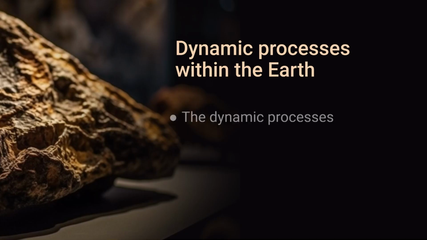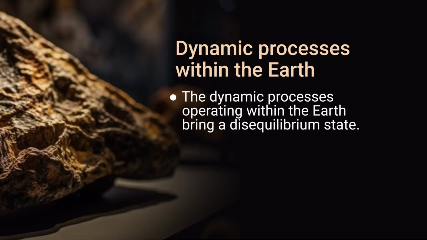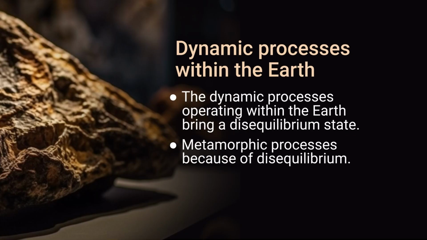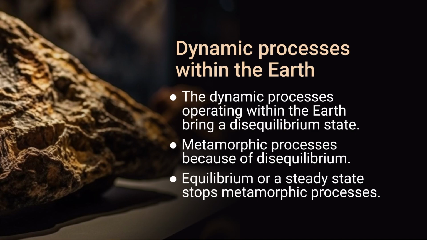Now let us see how the dynamic processes that occur within the earth are responsible for the metamorphic processes. Because dynamic processes are occurring and because of these changed conditions, there is metamorphism because of the disequilibrium caused. Now, these metamorphic rocks are formed because the rock tries to achieve the stable state condition.